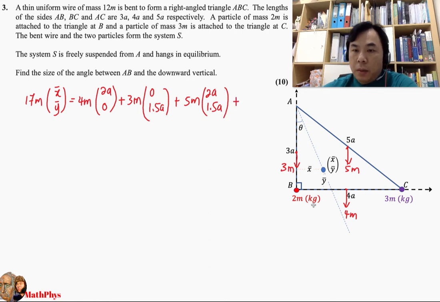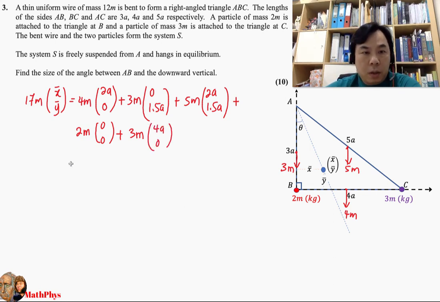And then lastly, I'm going to include the mass 2m and 3m in the calculations of the moment. That will be 2m. Again, 2m is located at the origin there, so it does not produce any turning effect. Then we have 3m. 3m is located at 4a, 0. All right, and then there you have it.